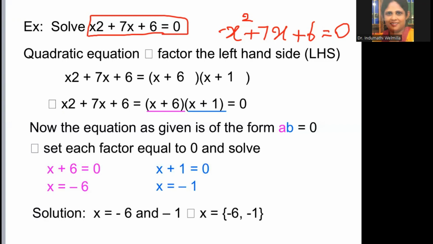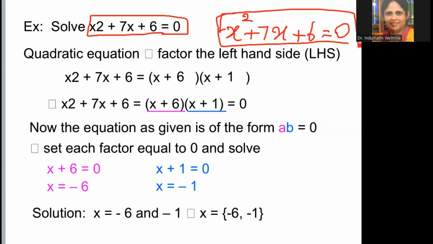So this is again the first step as we discussed, because now we have written the equation in standard form.